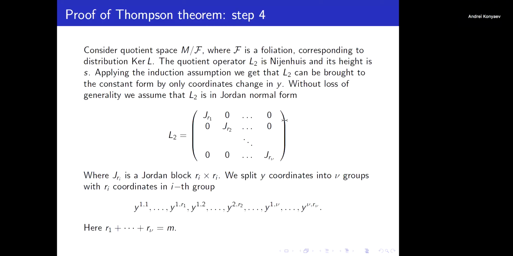But there are some. So what we need to do is we take a multi-index notation, right? We split our m coordinates into the following subsets. We take an upper coordinate and we do a two-step enumeration. The first number defines the number of the block, and the second number defines the number of the coordinate in the block, right?